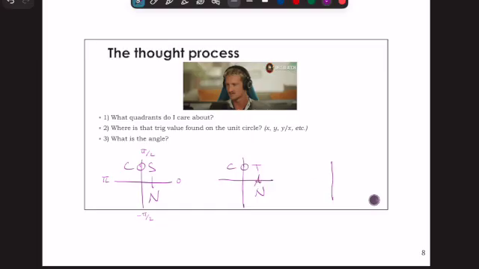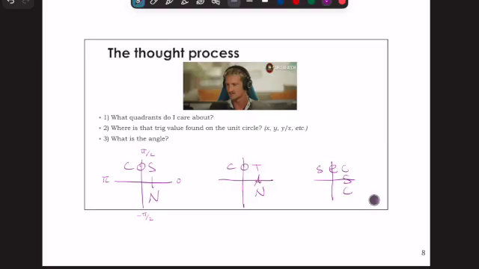And then for your arcsecant and secant, you have secant, cosecant. What's really nice is secant and cosine are going to have the same range, and cosecant and sine are going to have the same values you can get out.